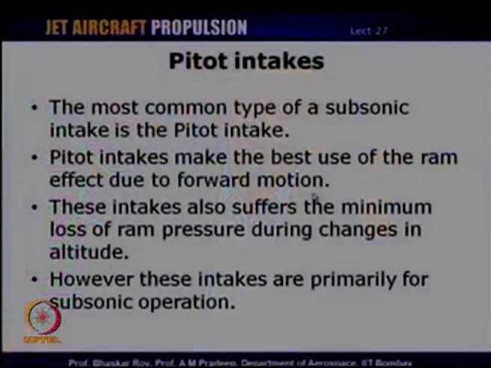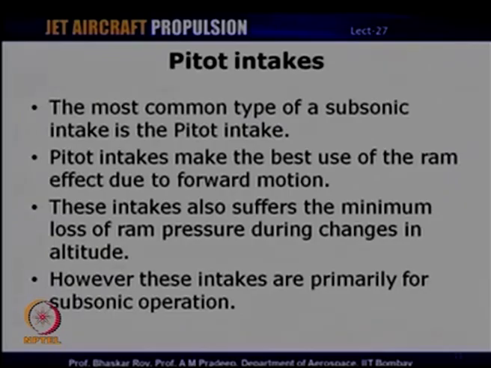So, as I mentioned, pitot intakes are commonly used because they can use the ram effect due to the forward motion, and they suffer minimum loss in ram pressure, especially when the engine is operating under different altitude conditions.